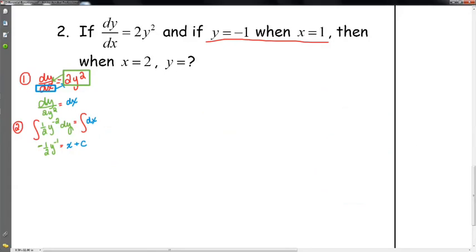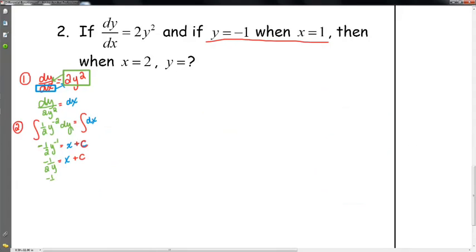And so now I'm going to plug in my initial condition. So I have negative 1/2. I'm going to go ahead and move the y back down because it's to the negative 1, is equal to x plus c. I probably should have written this in red. Alright, so y is negative 1.